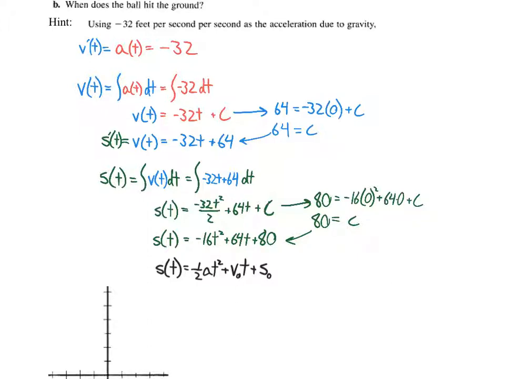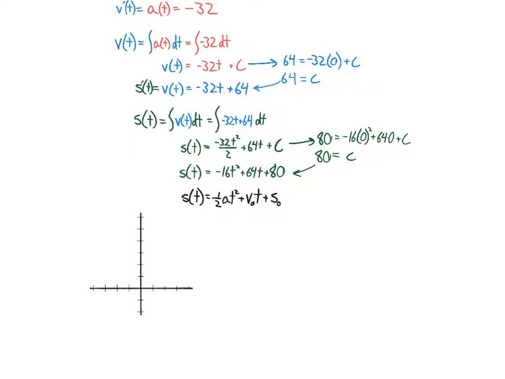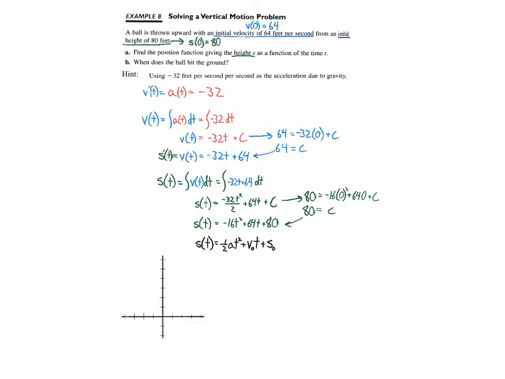Okay? So now, where does it hit the ground? Well, we know it was launching off at an initial height of 80. When it hits the ground, we're just going to set s of t equal to 0.